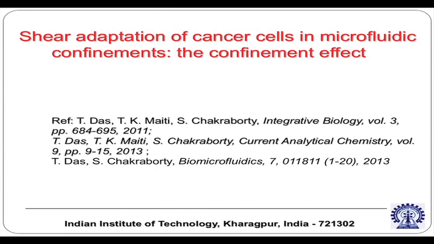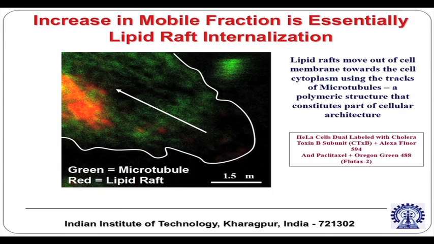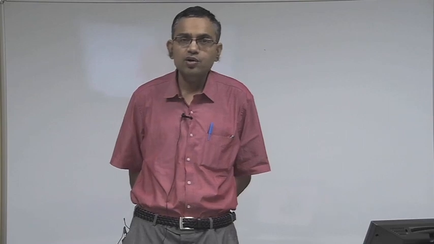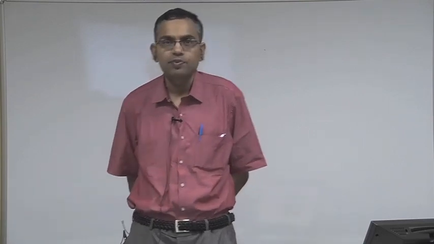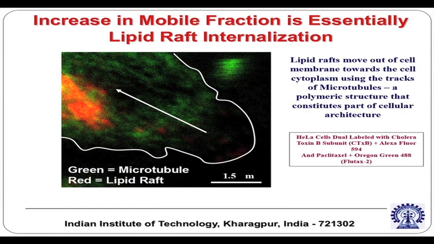So, I will try to go through the experimental results on shear adaptation of cancer cells in a microfluidic confinement and the confinement effect. What we initially wanted to study is the mobile fraction in the cell membrane. That means you can also talk about it in terms of the diffusion coefficient. So, you can make a study which is called FRAP, fluorescence recovery after photobleaching.